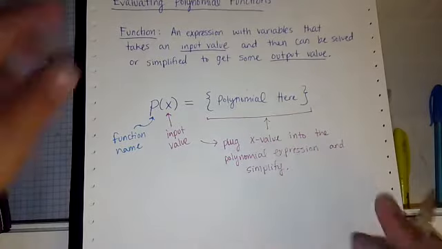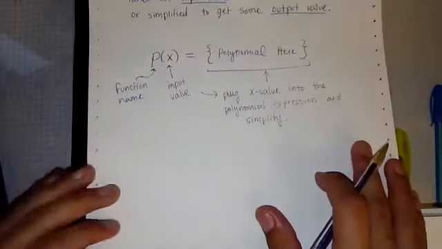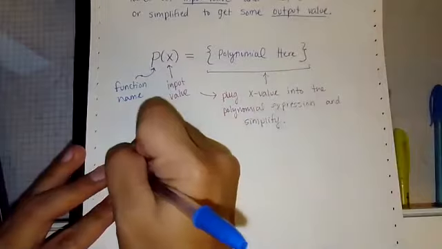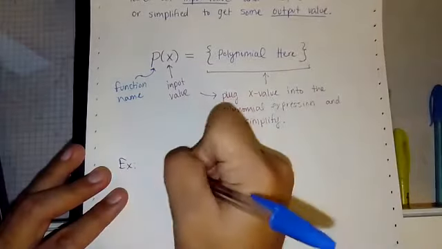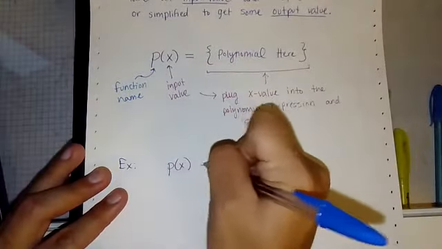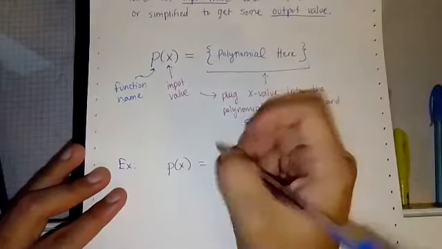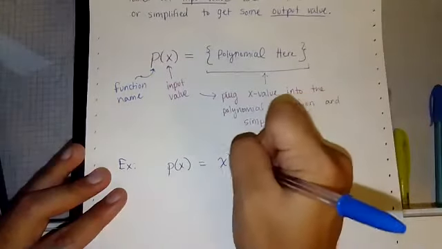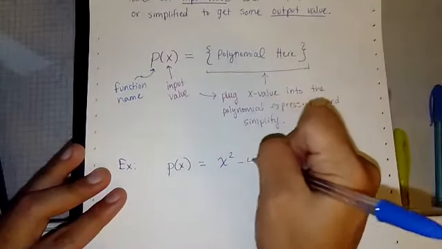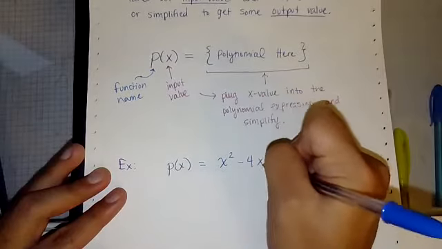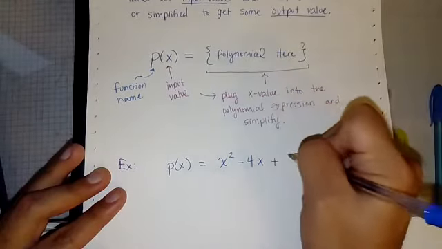So let's look at an example of a polynomial function. Here's an example. P of x is equal to x squared minus 4x plus 13.